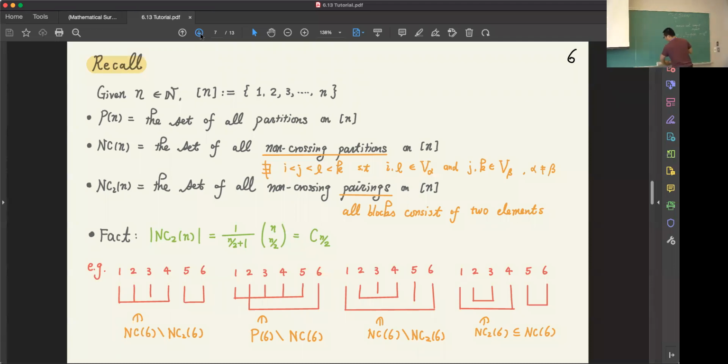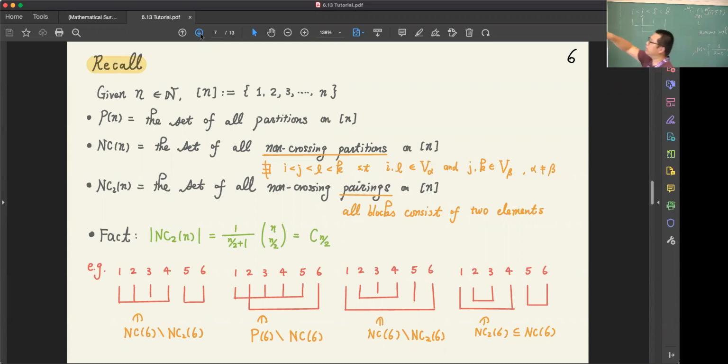When you're given a pi, now you have i, j, k, l. If i and k are in a block, and j and l are in another block, which means they are crossing. That is the meaning of what we say by crossing.